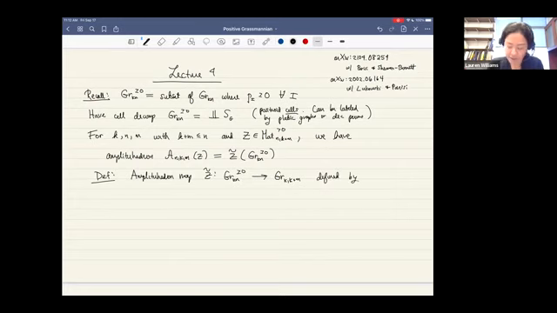And it's defined by sending a k-plane written as the row span of a k by n matrix C to the row span of the matrix C times Z. Let me just write it again and point out some things about dimension.